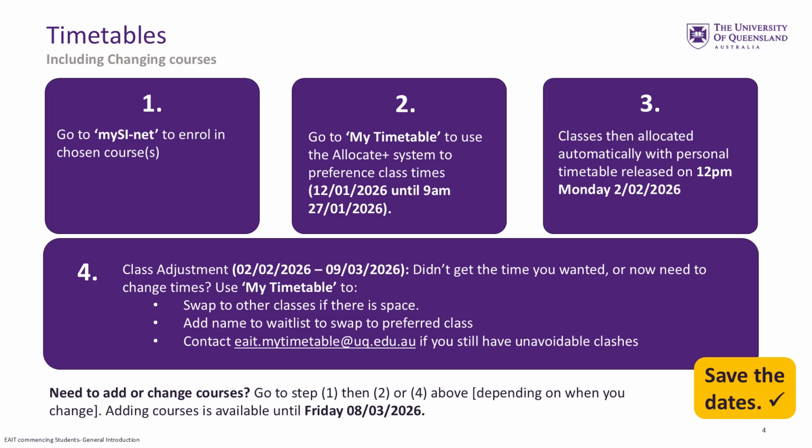You can add your name to a wait list to swap to a preferred class. If you have unavoidable clashes, then you can contact the faculty timetable team at eait.mytimetable@uq.edu.au.